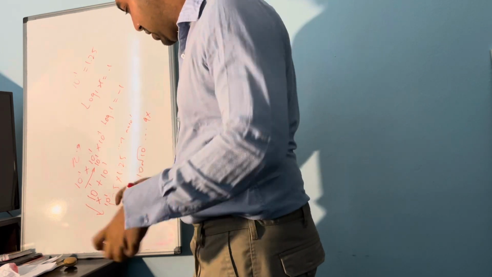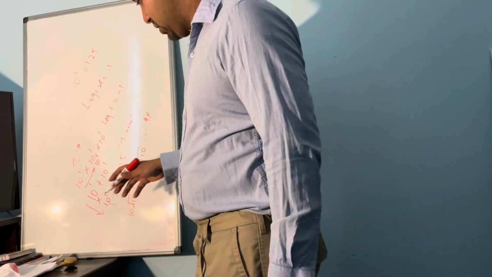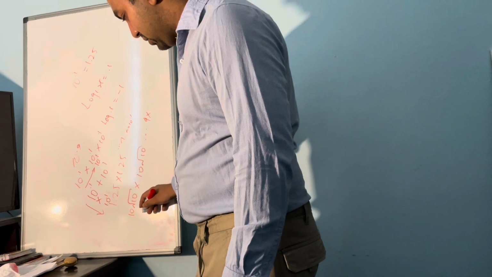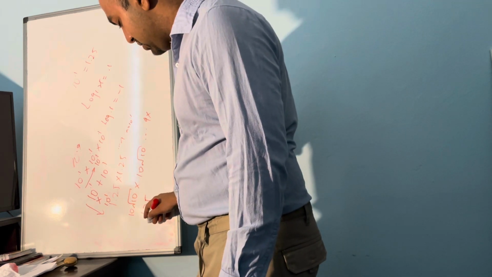So the best way I could break something like this down is by getting the actual decimal and multiplying it.